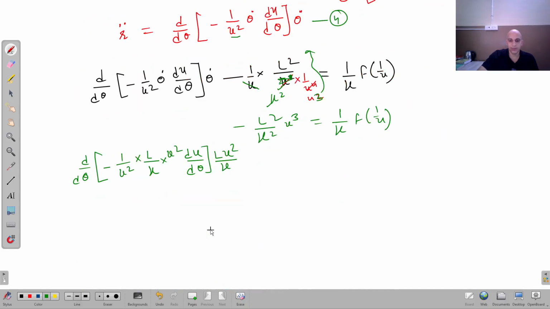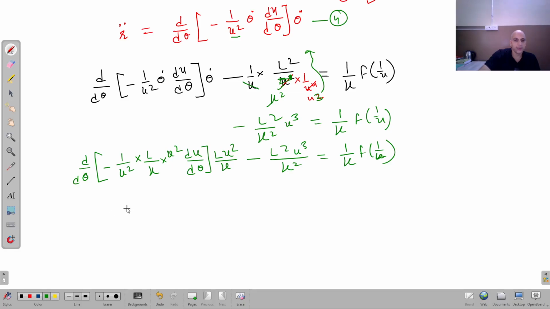So I put these values here. So minus, same thing, L square u cube upon mu square, that is equal to 1 upon mu f of 1 upon u, right?